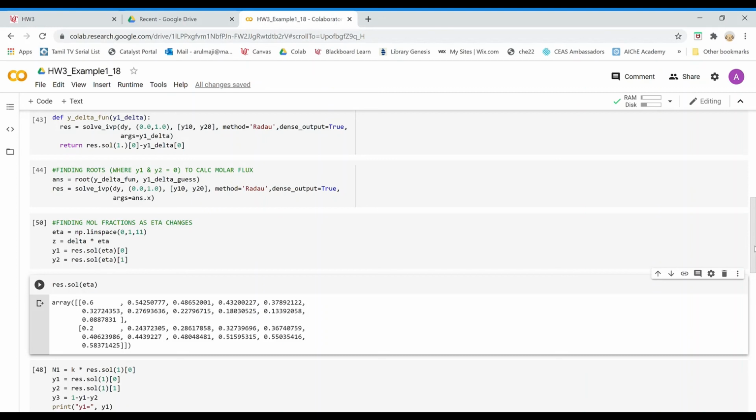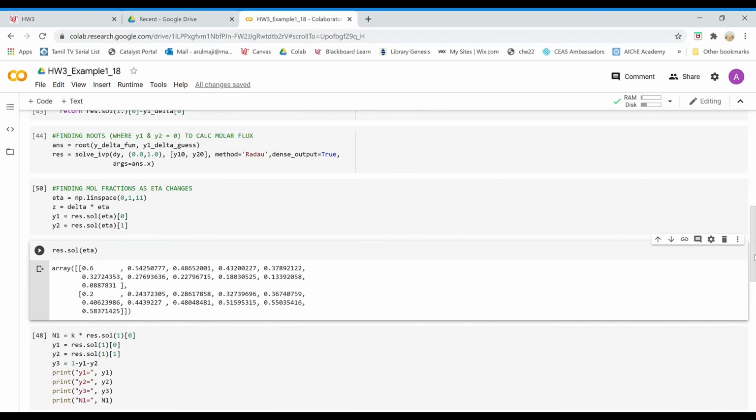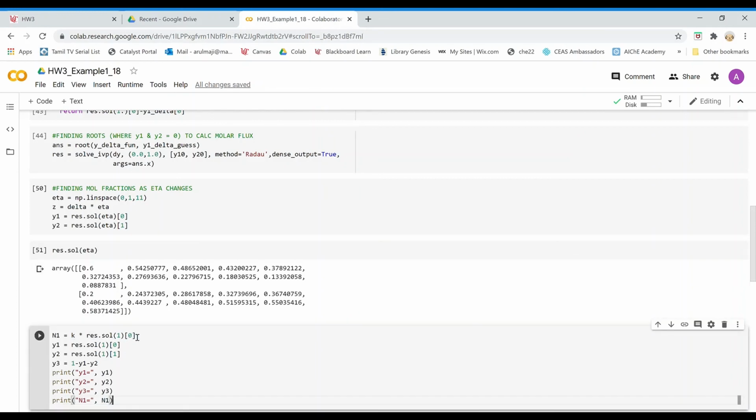So we want to find our rate of reaction. For N1, we are looking at our K, our given value, which is 10, and then multiplying it by our mole fraction at the boundary. That's why eta equals 1 here.